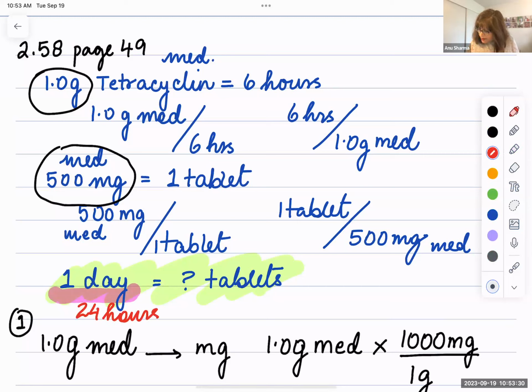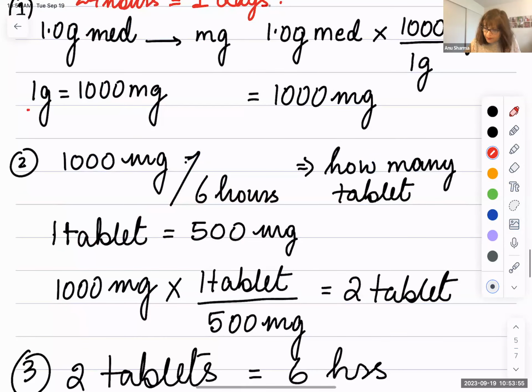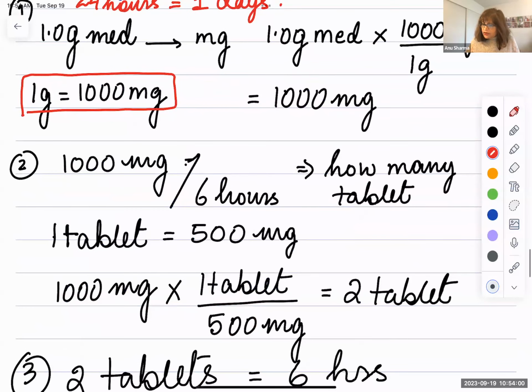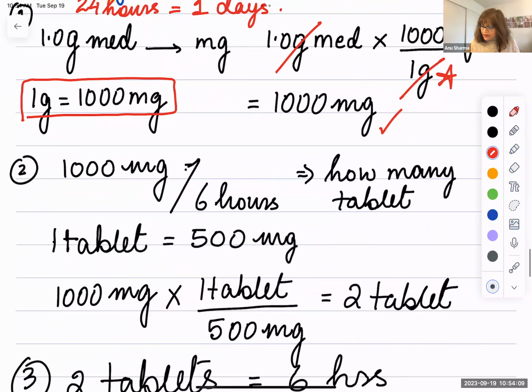Here we see the doctor has ordered 1 gram of tetracycline every 6 hours, and the tablets available in stock are 500 milligrams each. First we need to equalize the units, grams to milligrams. 1 gram is equal to 1000 milligrams. You take this conversion factor, cancel out the grams, and you get milligrams. So 1000 milligrams is being given in 6 hours.